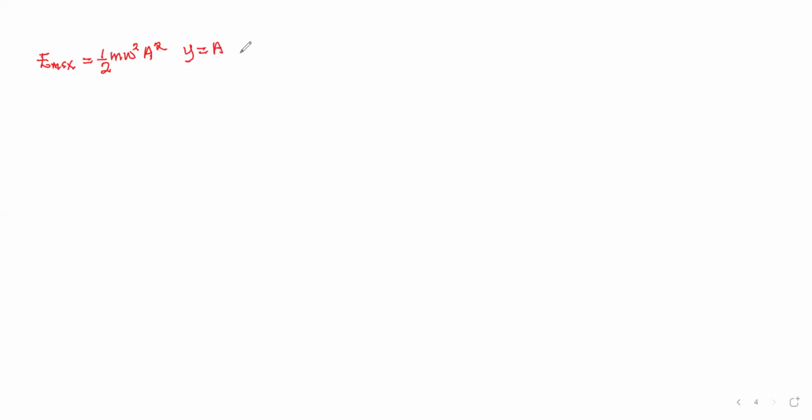And this occurs at the extremes. Okay. The minimum elastic potential energy is always equal to 0, where the displacement Y is equal to 0. Okay.